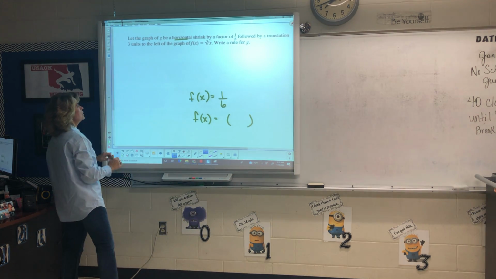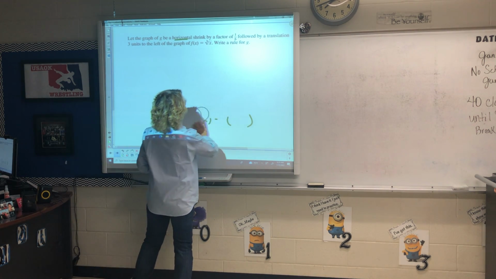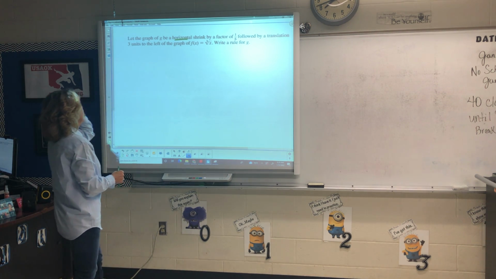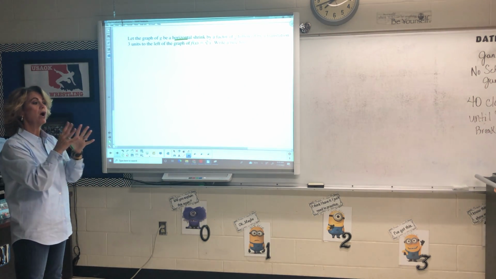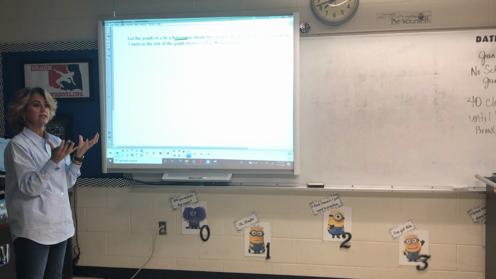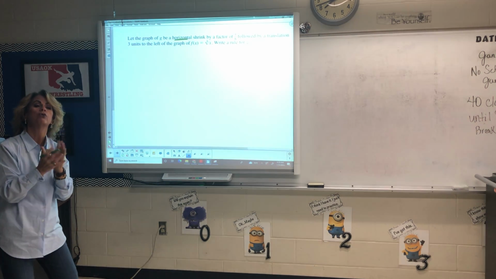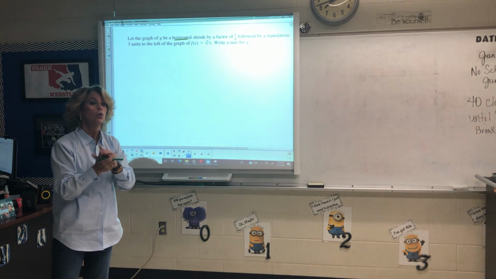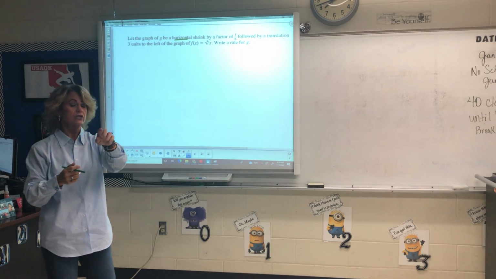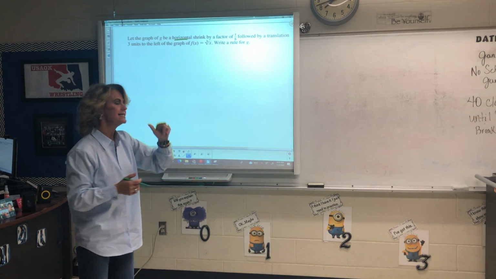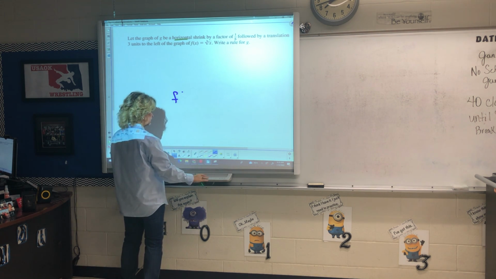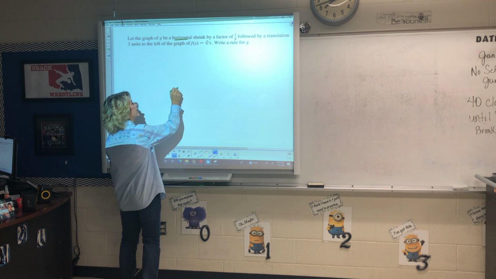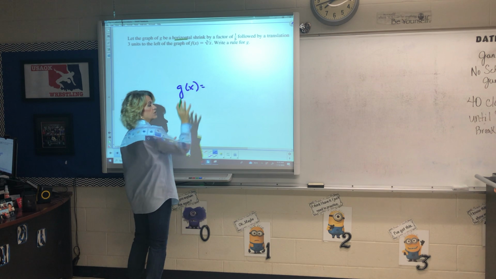Okay, so we go back here. Let the graph of G, we're going to stick with a horizontal shrink. So right now I know something's grouped with x, yes or no? What's going to be grouped with x? The reciprocal of 1/6. What's the reciprocal of 1/6? 6. So whatever they told me to name it, G of x, yes?